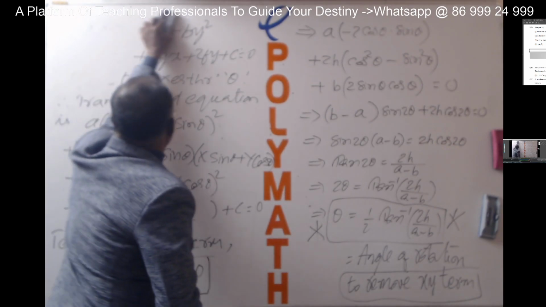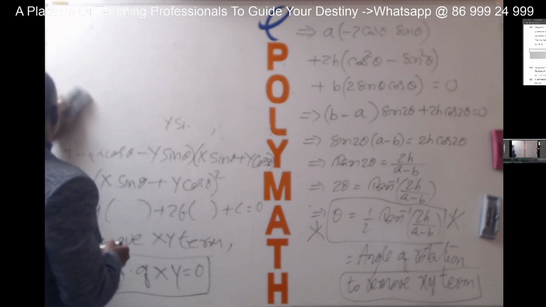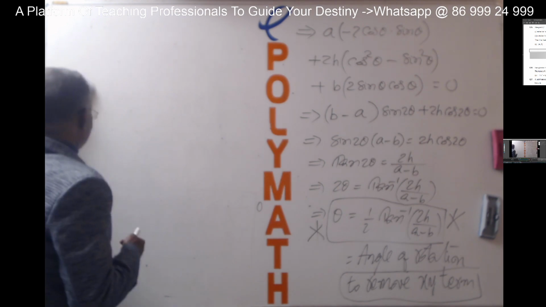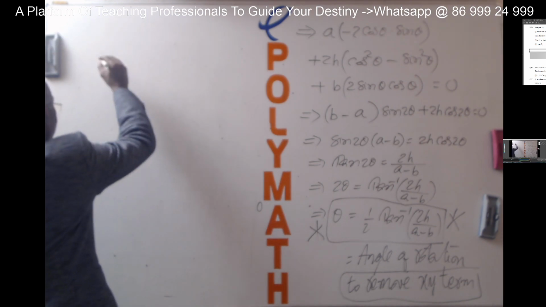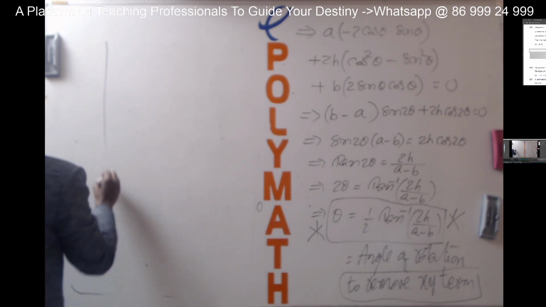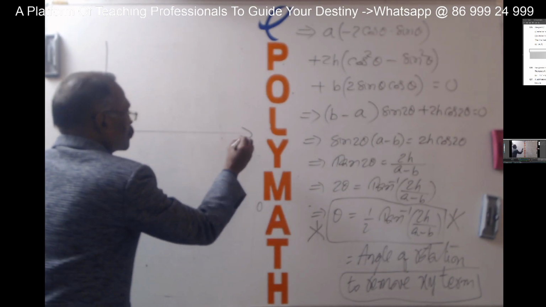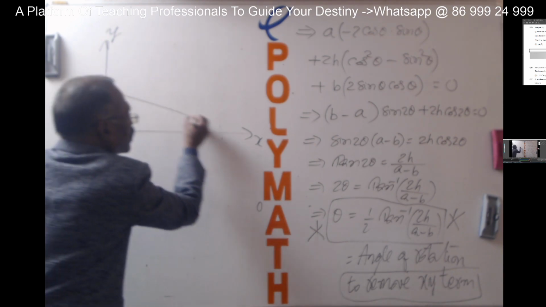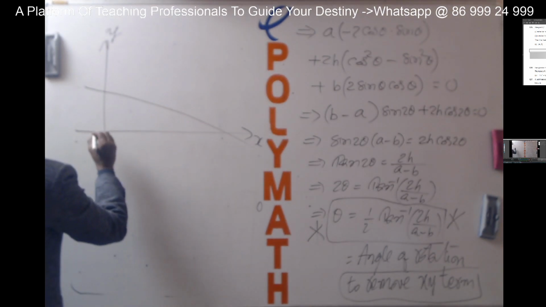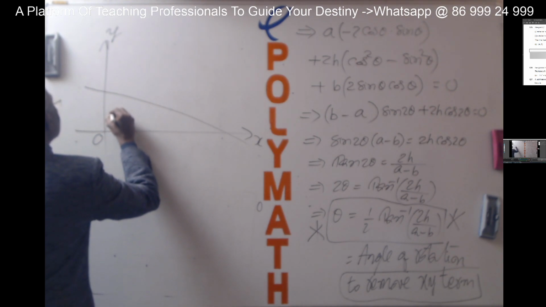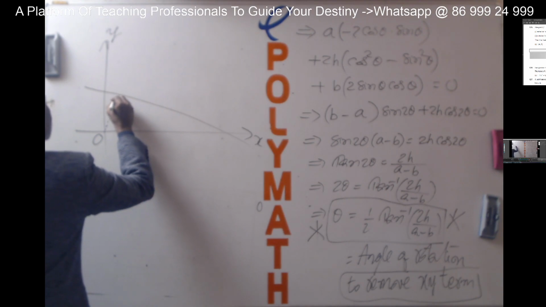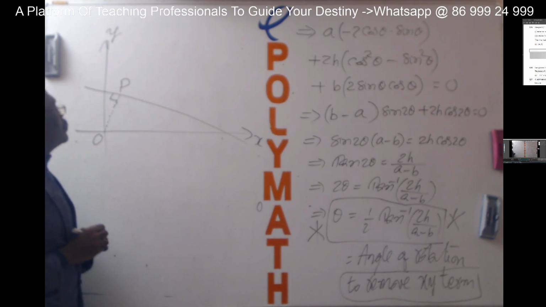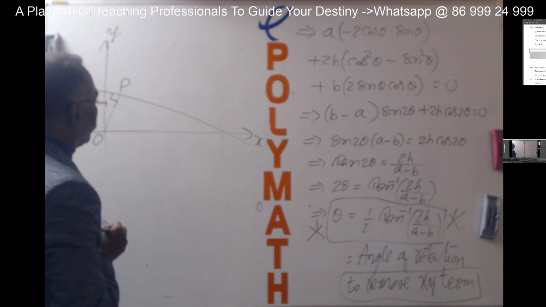See, I'm taking the original axis, and this is the line, this is the origin, and the perpendicular distance from the origin to the line is OP.